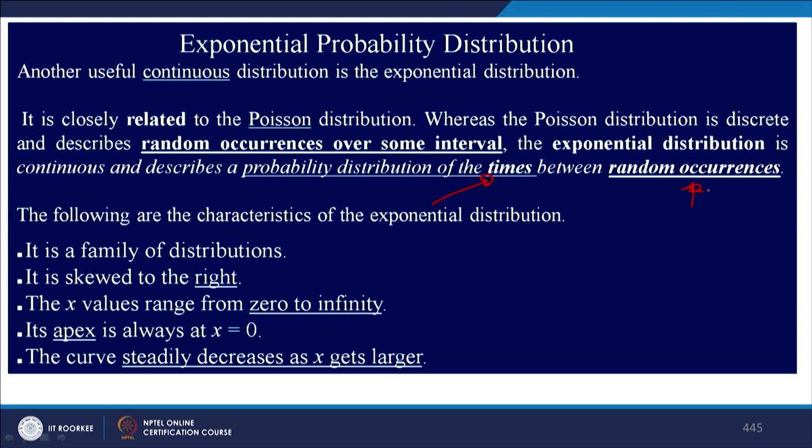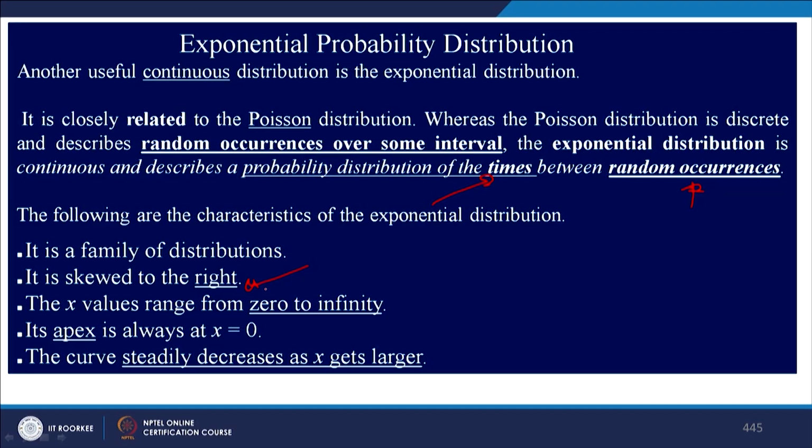First of all, exponential distribution is a family of curves. The shape of the curve would depend on lambda, the mean arrival rate. It is always skewed to the right, never skewed to the left.